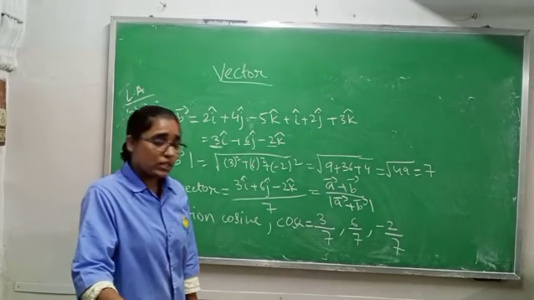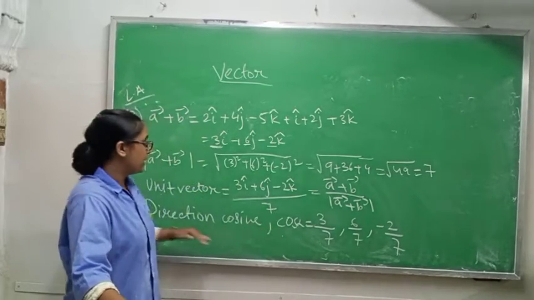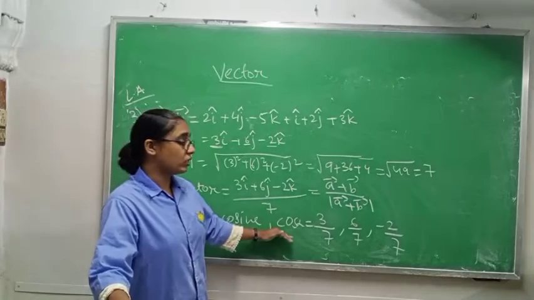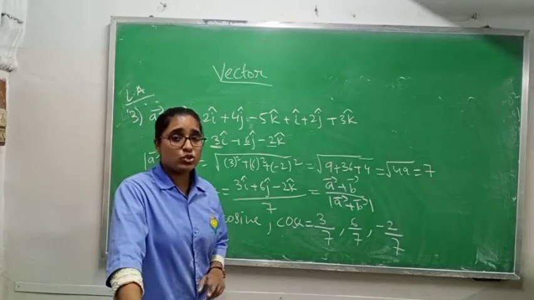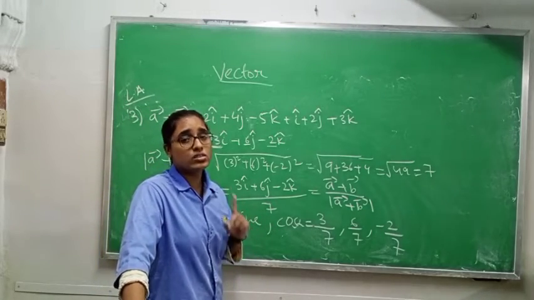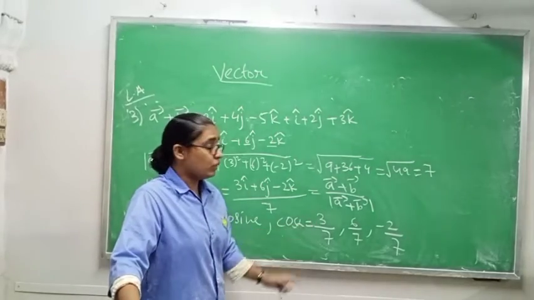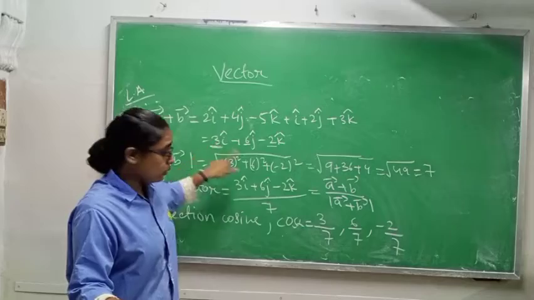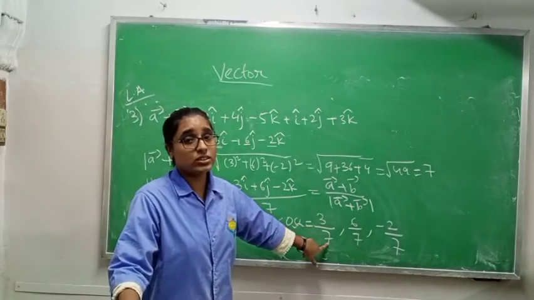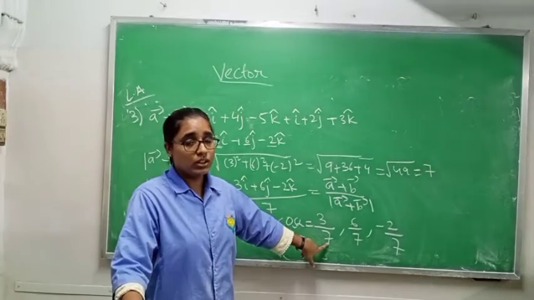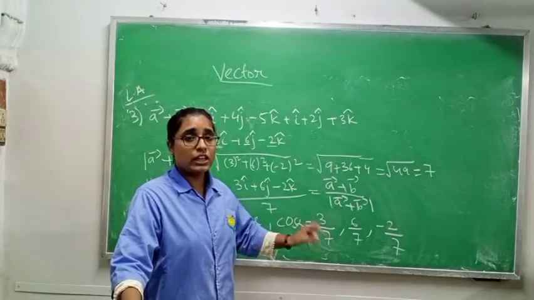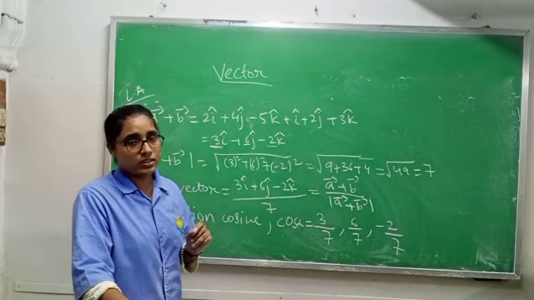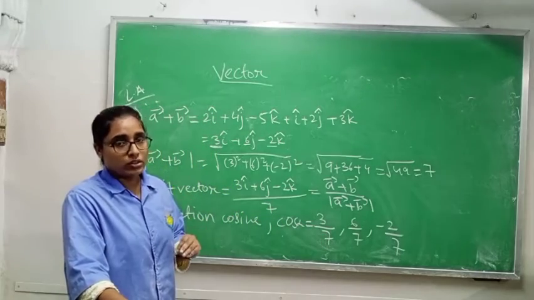Now direction cosine means cos alpha. That is why I am writing direction cosine: cos alpha along OX direction, along OY, and along OZ. When you see OX, what is the scalar component? 3. So 3 by 7, because it is the definition: the scalar component along OX by the mod of that.